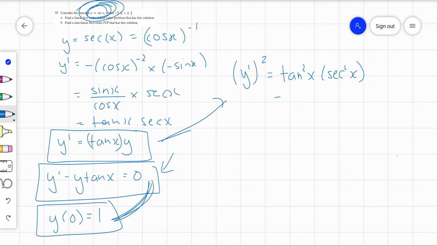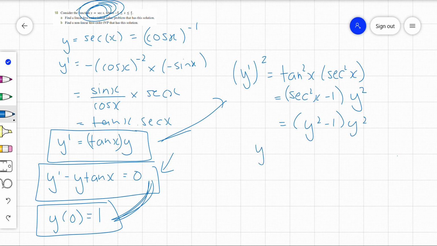So the other thing we can do is have a look at tan squared, if we're putting it in terms of y's, which we want to do. So tan squared is sec squared x minus 1. And of course sec x is y, so sec squared is already y squared. So now we've got y squared minus 1. So now it can be written in terms of y's.